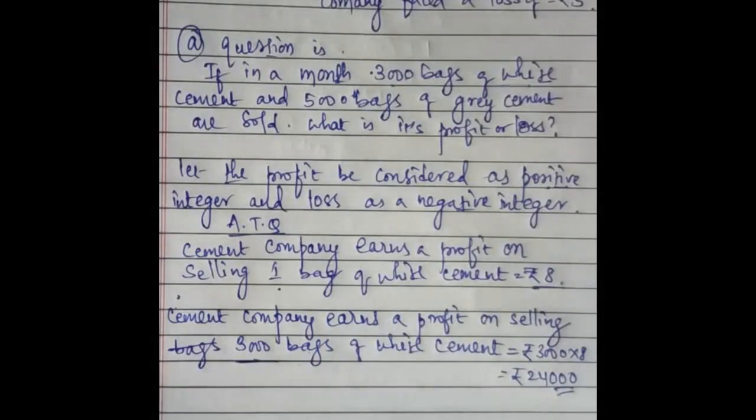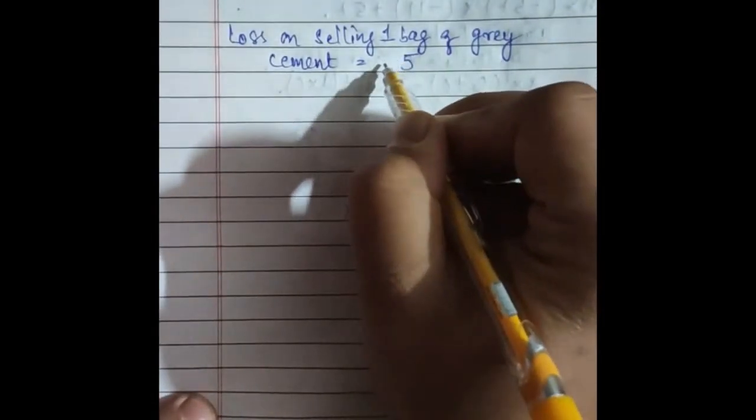So let us solve for the grey cement now. Loss on selling one bag of grey cement is equal to rupees 5. Am I correct? Rupees 5?